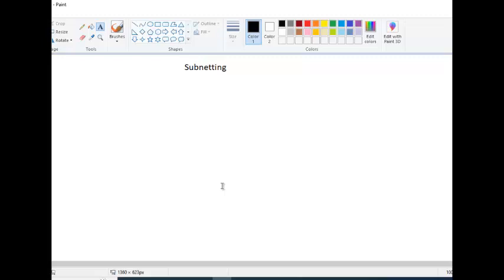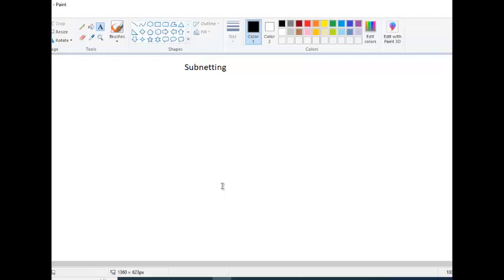So subnetting in IPv4 is more difficult than IPv6 subnetting. When we go to IPv6, we'll discuss IPv6 subnetting. I want to stop here about IPv6 subnetting. Let us talk about IPv4.